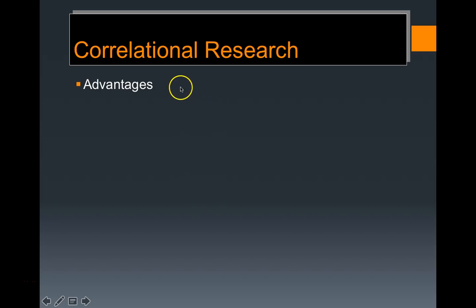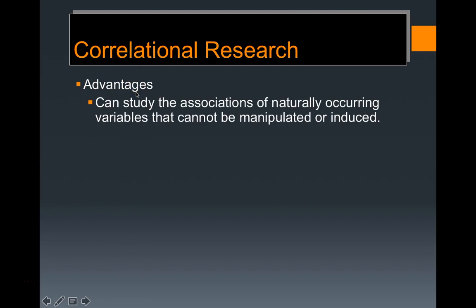Correlational research is typically done with field studies, naturalistic observation, surveys, archival research, things like that. There are a lot of advantages to doing correlational research like that. You can study the associations of naturally occurring variables, that we don't go in and try to change or manipulate or induce. We're looking at them in their naturally occurring state.